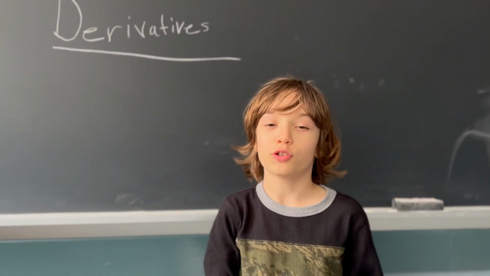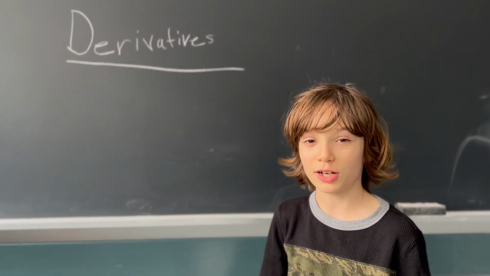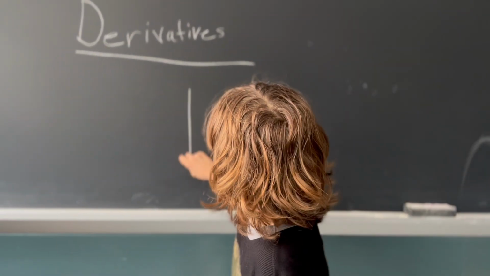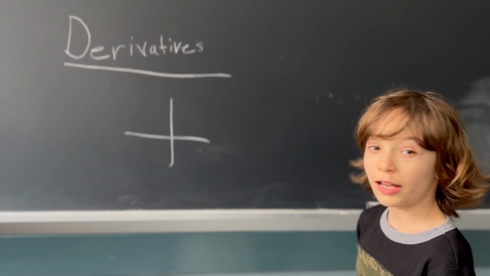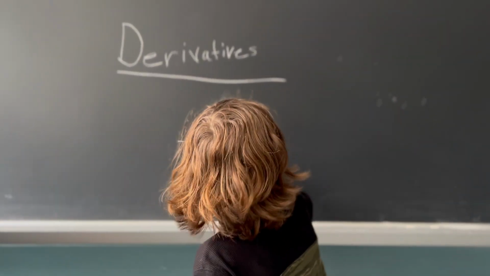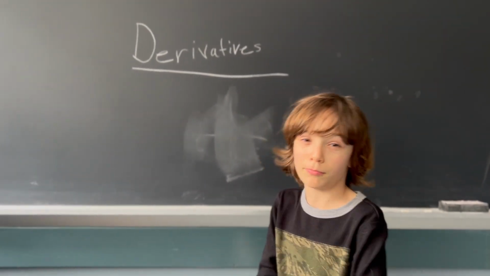So the first question you obviously all have is, what even is a derivative? What does that mean? Well, instead of using the coordinate plane, I'm going to do something more like a real-life thing so you actually understand it.